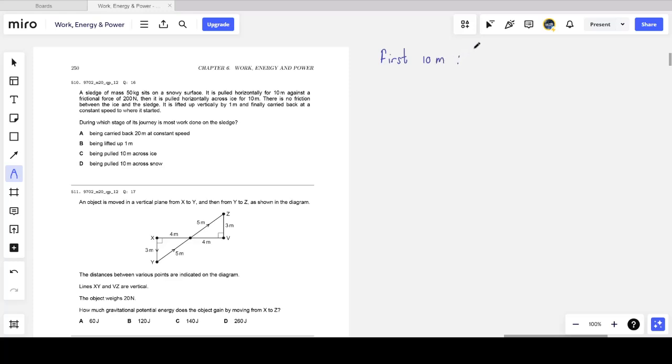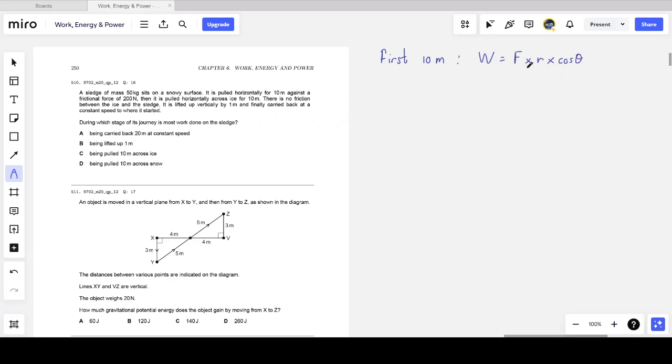So the first 10 meters, the work done, remember work done is the force being applied to move the object times the distance in the direction of the force that the object moves. So it's pulled horizontally by a force, but the frictional force will also act horizontally.